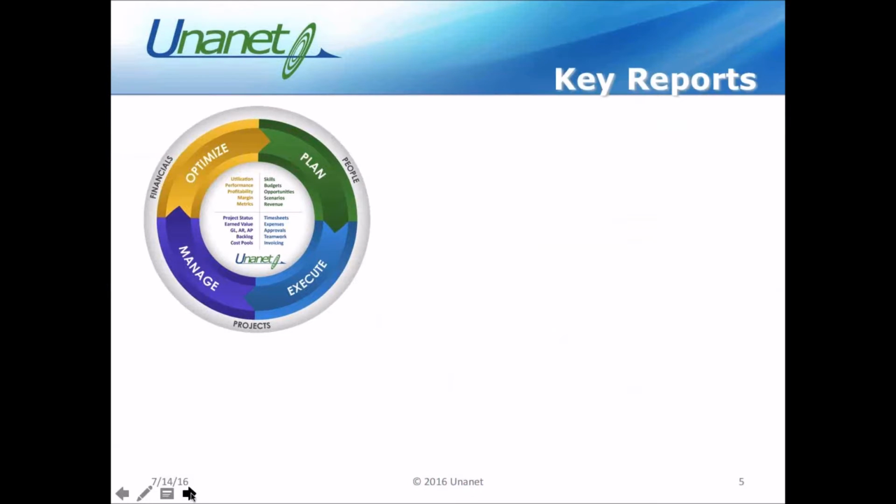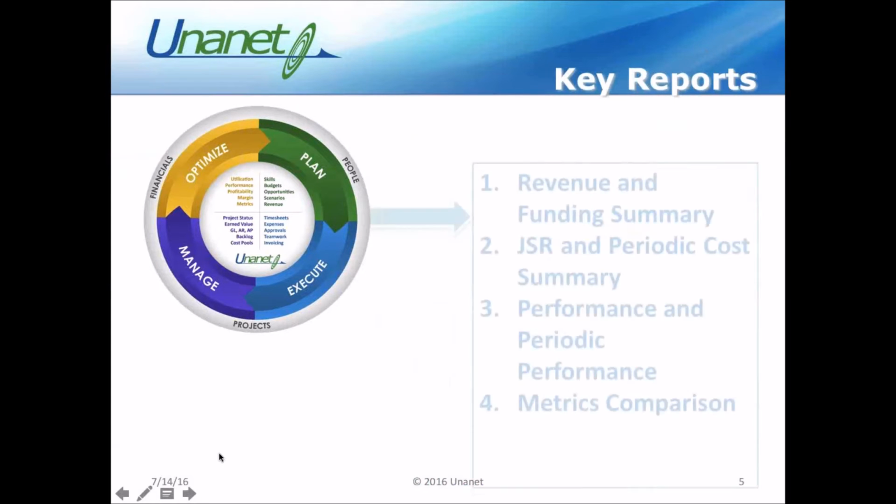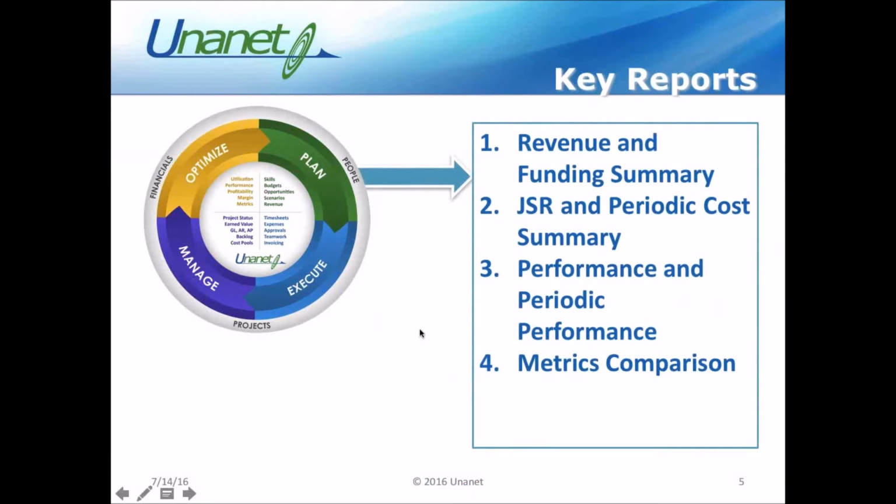And I wanted to show here that these are the reports that I went through today, the revenue and funding summary with the plans, with the assignments, and then the one that the PM is going to look at is actuals and assignments through the last pay period. In my example, I just put it through my actuals through today.